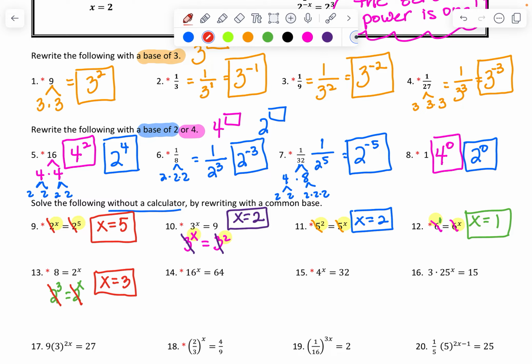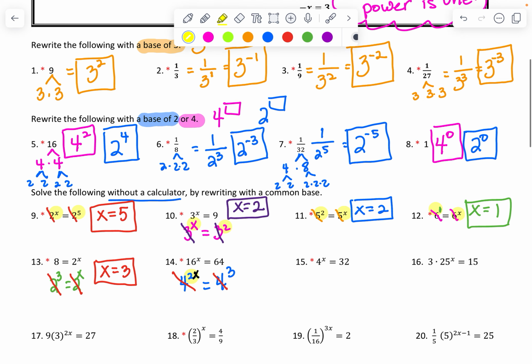Okay, next one. If you think about it, in a way you want to leave it 4 to the x power. But there's no way, because we tried it up here, there was no way to get 32 using a 4. So we can't use a 4 for that first one either. So we're actually going to have to change both of them. So I'm going to change this 4 to 2 squared and leave the x that's already up there equals 32.